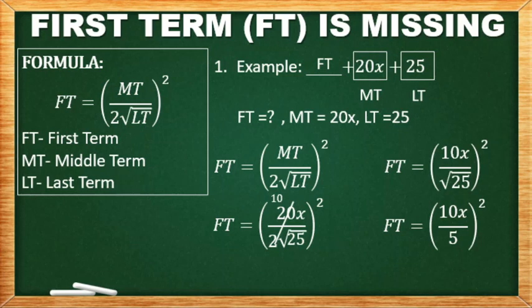Yes. So 10 divided by 5 is equal to 2. So ano na lang ang natira sa loob ng parenthesis? FT is equal to the square root of 2x. So what is the square root of 2x? 2 times 2, 4. x times x, x squared. That's why the first term is 4x squared.